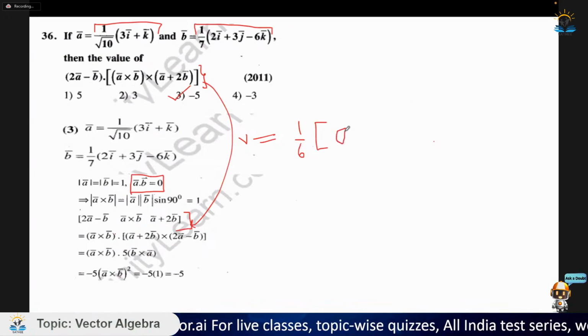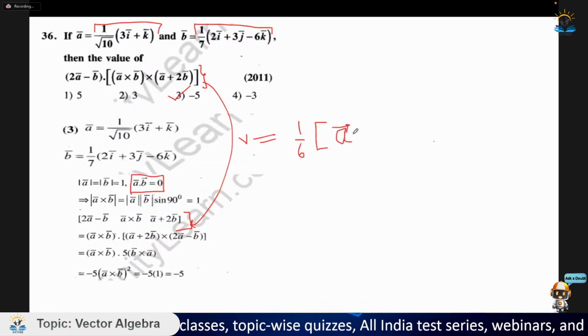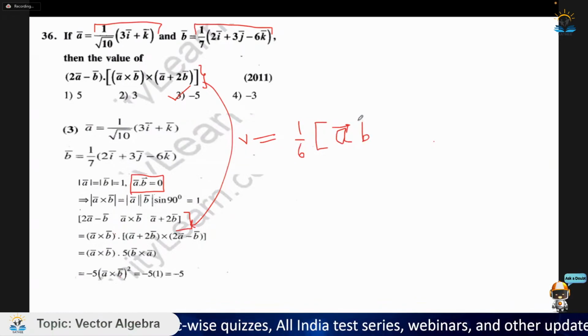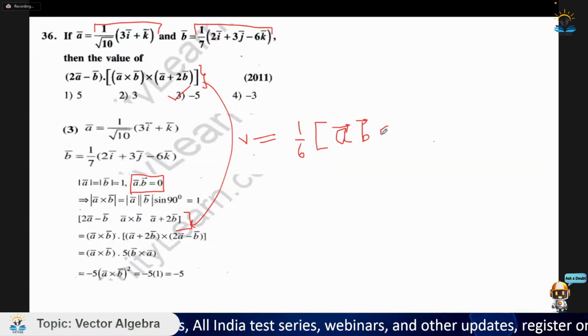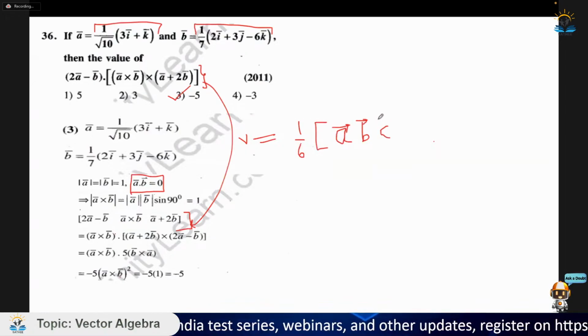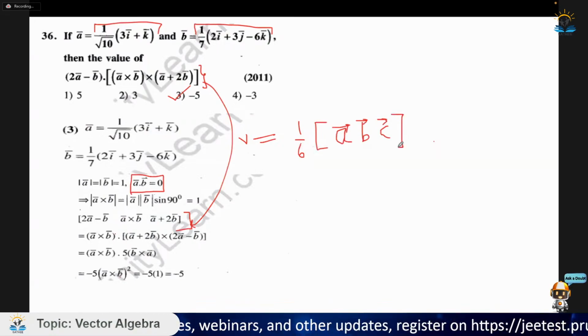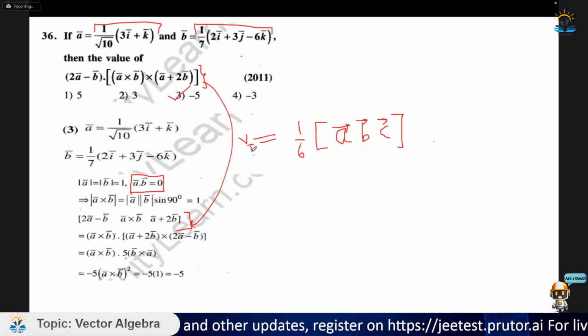You already know that it is represented as A cross B dot C. You can shift it: A cross B dot C or A dot B cross C. So this is the volume of tetrahedron, VT.